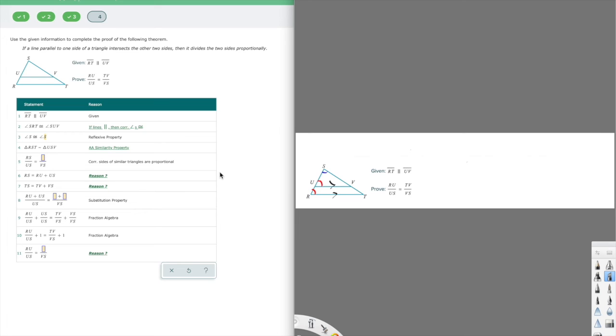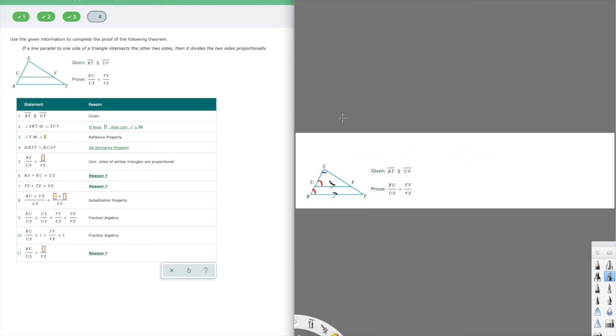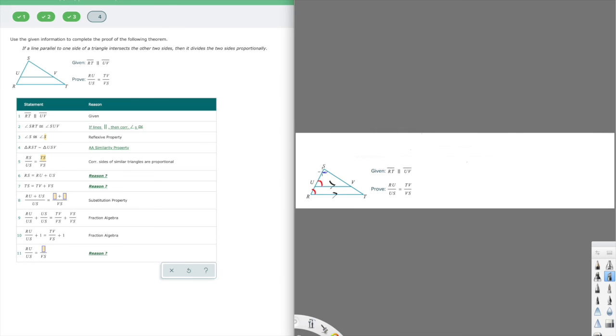So if I have RS, which is the whole length, and US, then if I do the same thing on the other side, ST, which is the whole length, and VS, so this one I want to make sure it's, darn it, TS. I'm not sure if it would ding me for going the other direction, but TS, because they went RS, so I'm going TS from the bottom, just to make sure I'm going the same direction they're going for whatever reason. So the similar triangles are proportional.